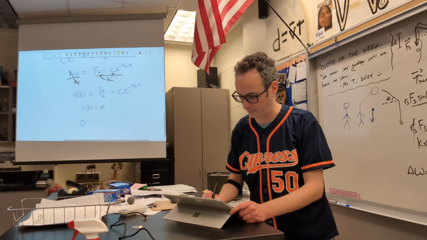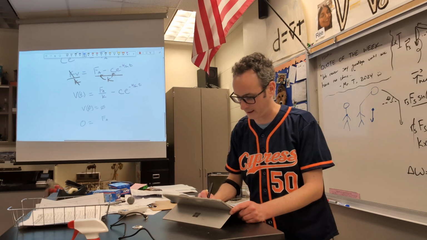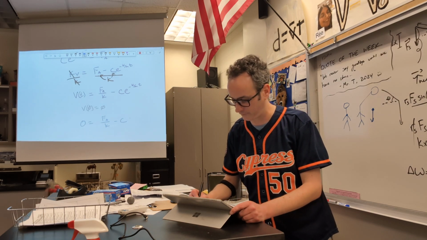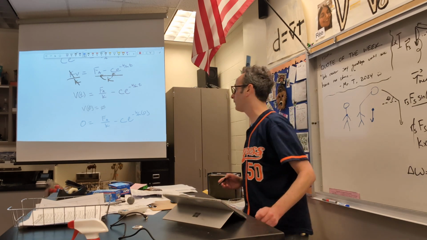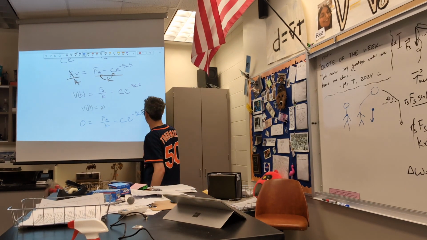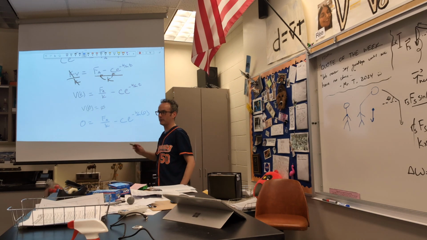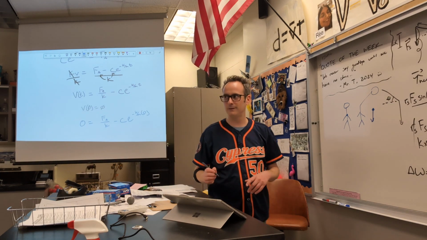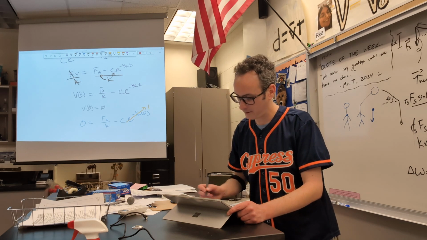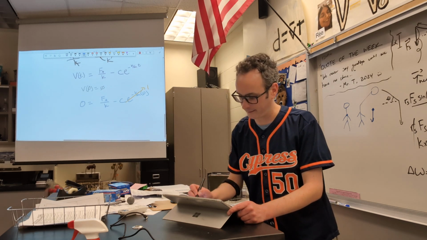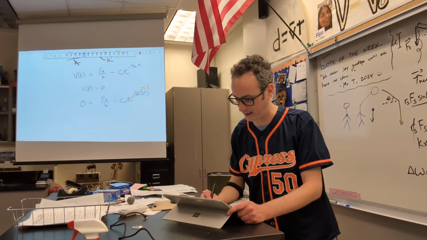So I can just write, well, 0 is equal to Fa over k minus c e to the negative k over m times 0. Well, 0 times negative k over m is 0, and e to the 0 is 1. So basically that leaves me with adding c to both sides.